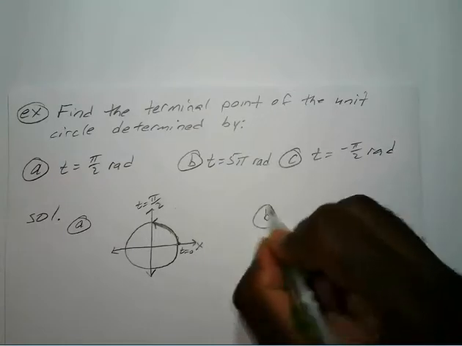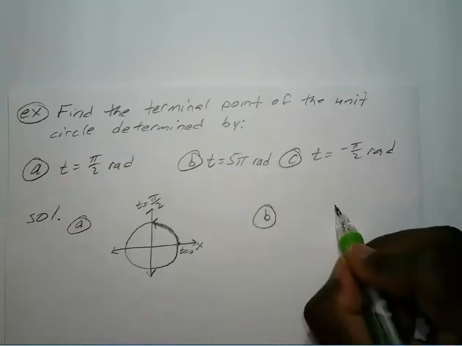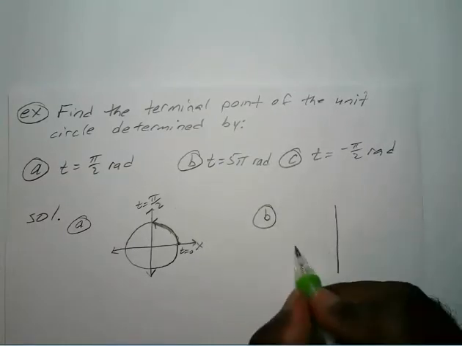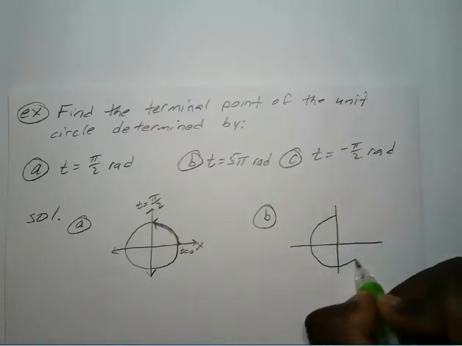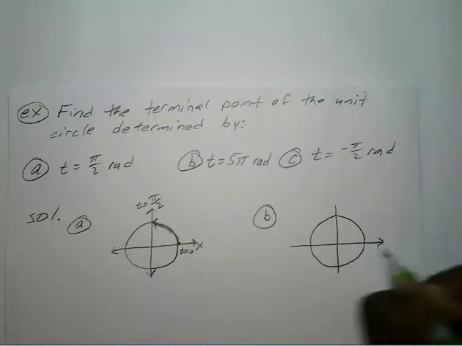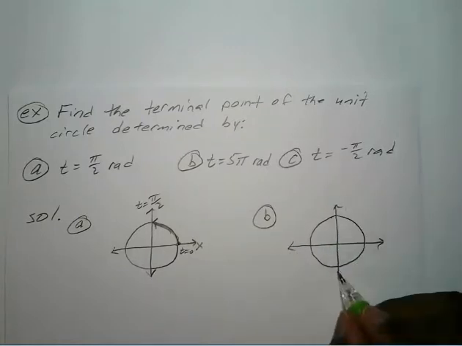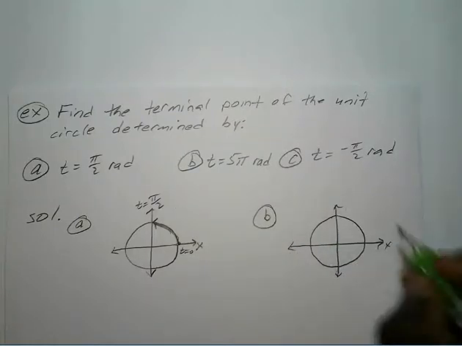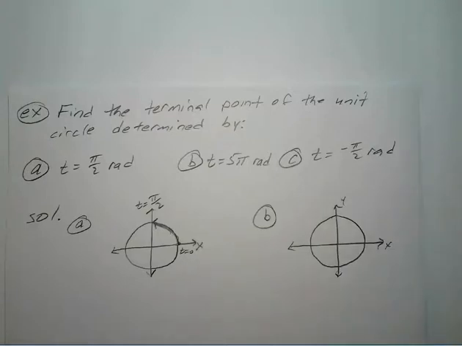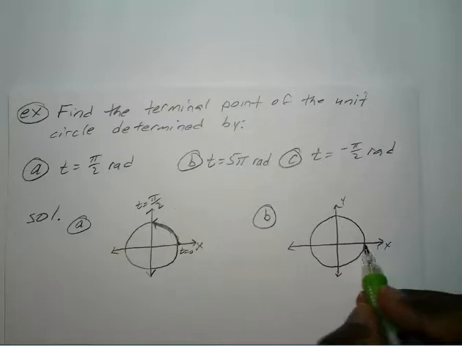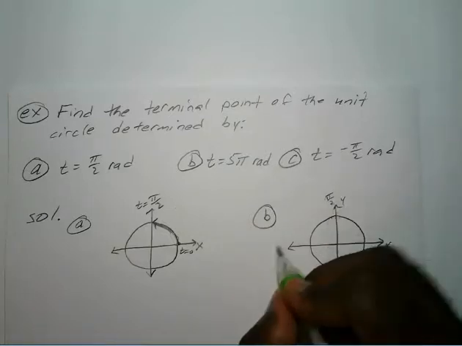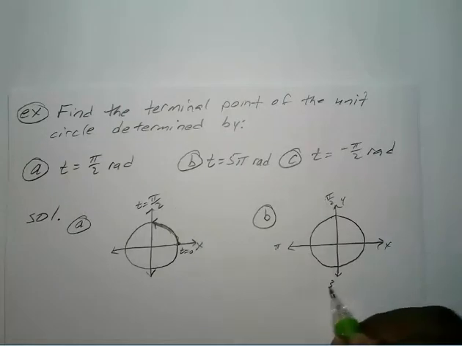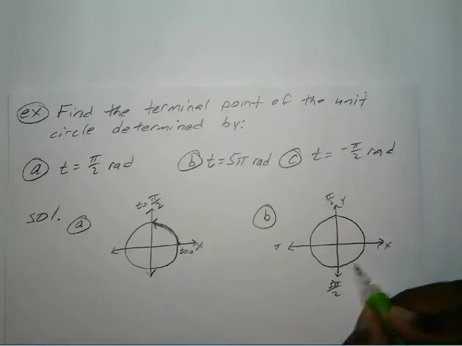Okay, so for problem B, again, we're going to draw our little mini unit circle. You have your x and you have your y. Okay, now remember, this is pi over 2. This is pi. This is 3 pi over 2.